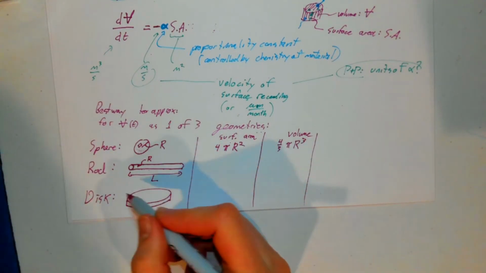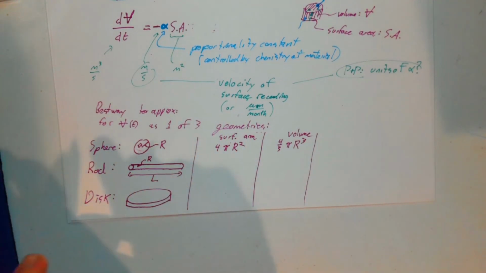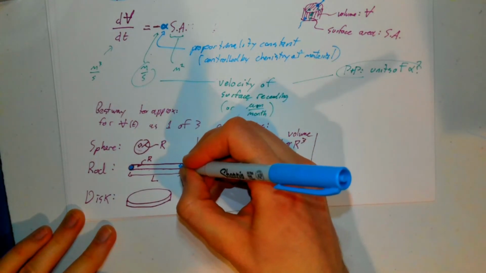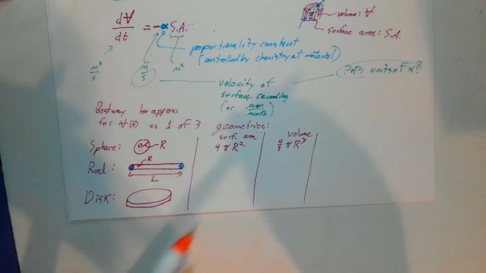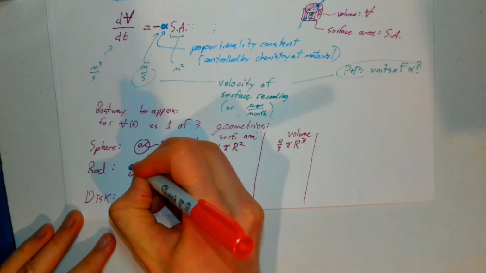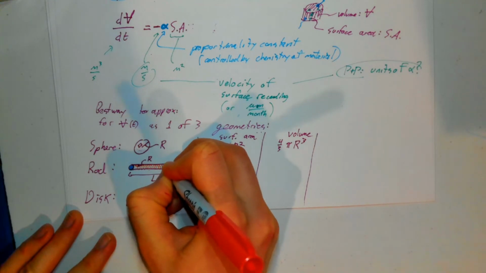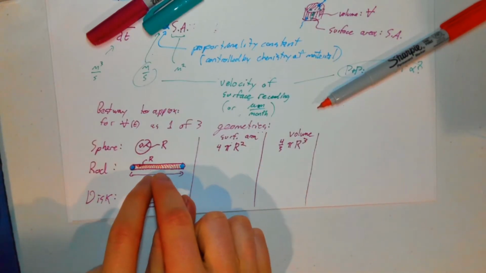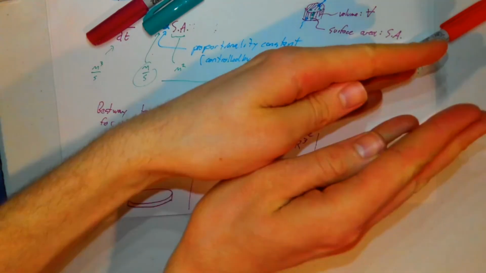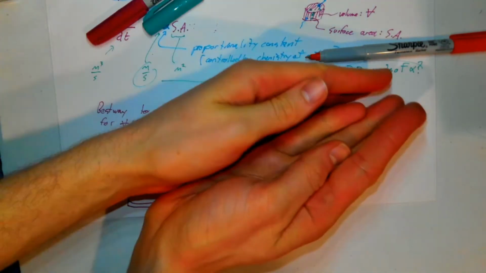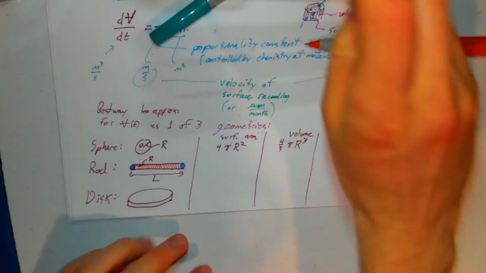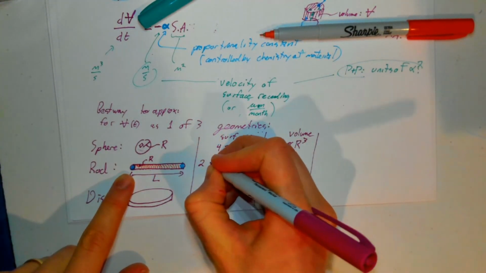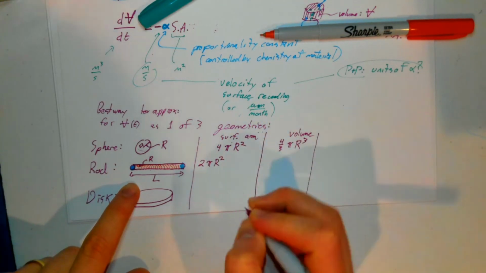A rod we could characterize with a radius r and a length L. The surface area of this rod has two components. One component is this face right here, as well as the circular face at the end. The other part is what would look like a rectangle if you unwrapped it. One dimension of that rectangle would be the length L, and the other would be the circumference. So for the surface area, we essentially have two circles, so there's 2 pi r squared.